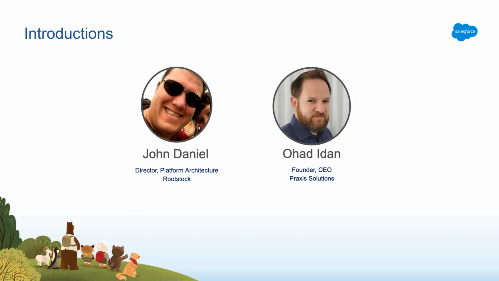So does anybody not know what the MVP program is? Okay. The Salesforce MVP is a community-nominated program where community members like all of us get to nominate people that they think are contributing to the community in a meaningful way. There's a whole nomination process. It's actually open now for the next class of MVPs. So if there's anybody in the community that you think deserves to be recognized, you can go and nominate them.